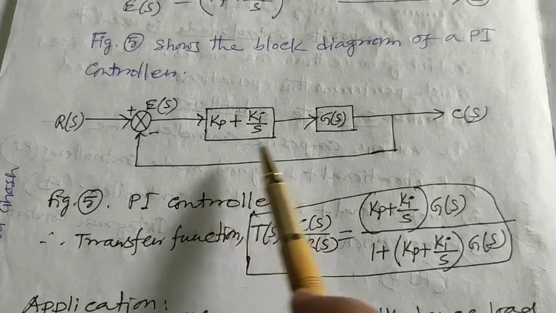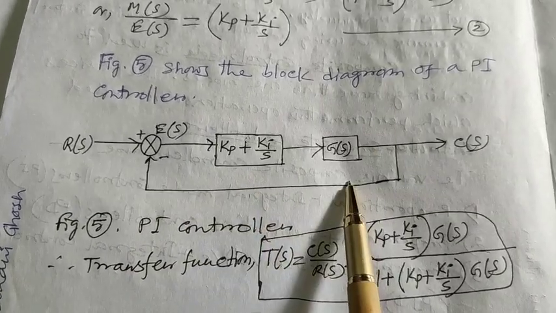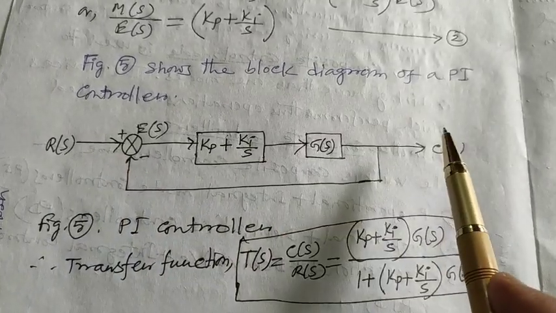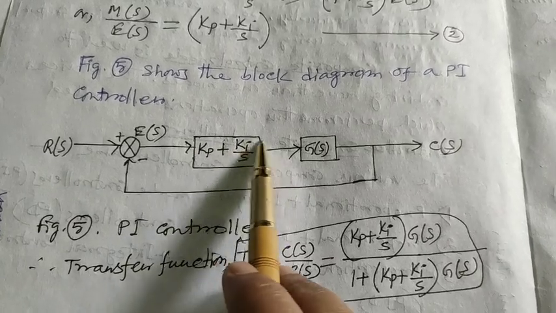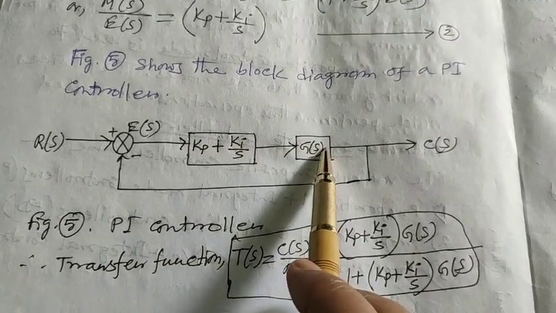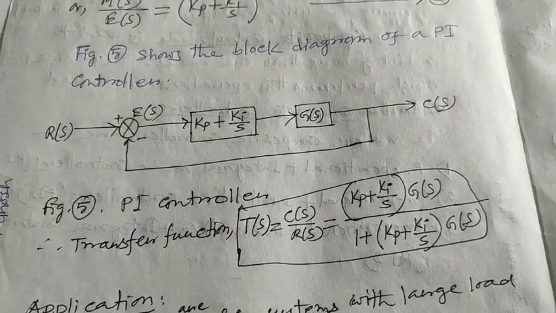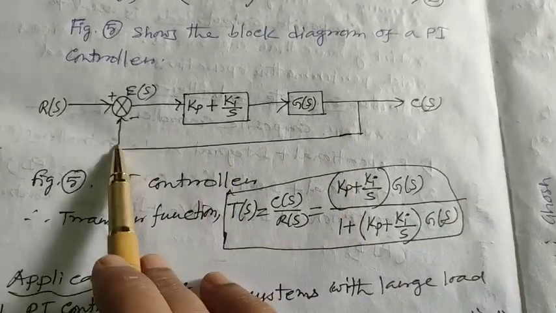Figure 5 shows the PI controller, where R(s) is input, C(s) is output, this is the combined gain, this is the transfer function, and this is the error signal. From the figure we get the transfer function T(s) equal to C(s) by R(s).